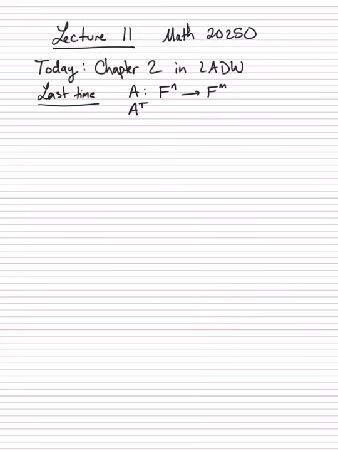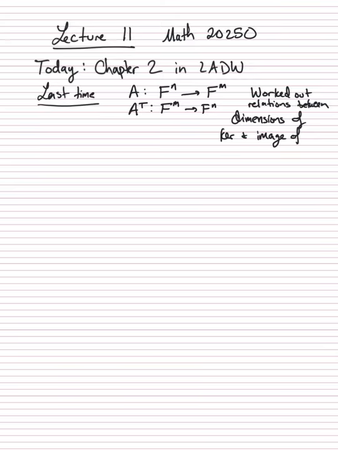Okay. Then we had another map, which we got from looking at the transpose of the induced matrix, which goes the other way. And we worked out relations between the dimensions of the kernel and the image of A and A transpose.